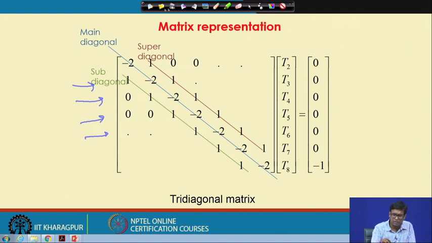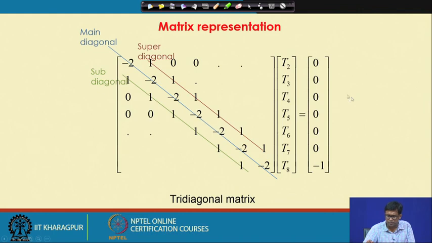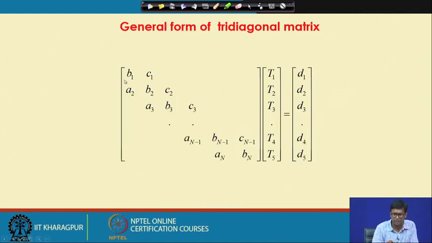However, in a general form it might not repeat. There are three diagonal terms from row 2 to row n minus 1, and only 2 elements in the first and last row because the 0th element or the n plus 1th column is not there. All remaining terms are 0.